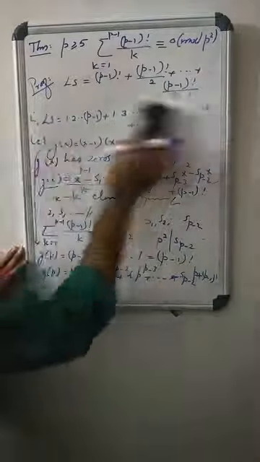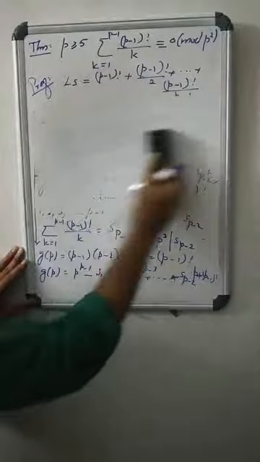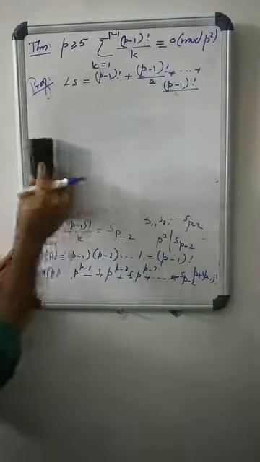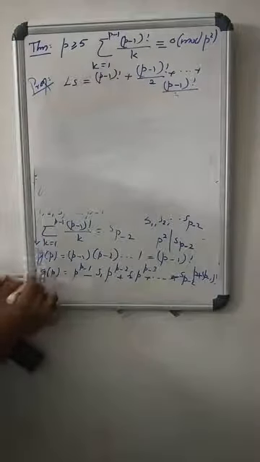Okay. So from the choice of g of x, we have first g of p is 1 into 2 into etc., that is (p minus 1) factorial. Then g of p is again this one. So combine these two results.